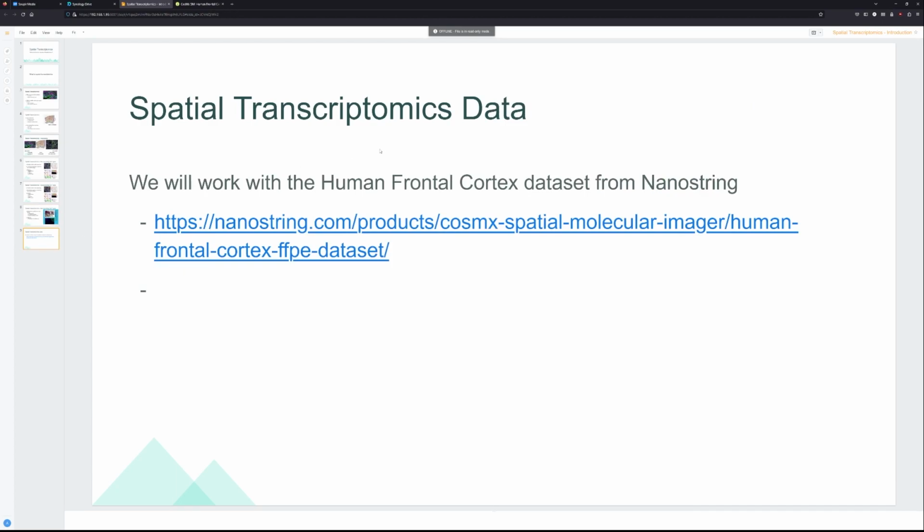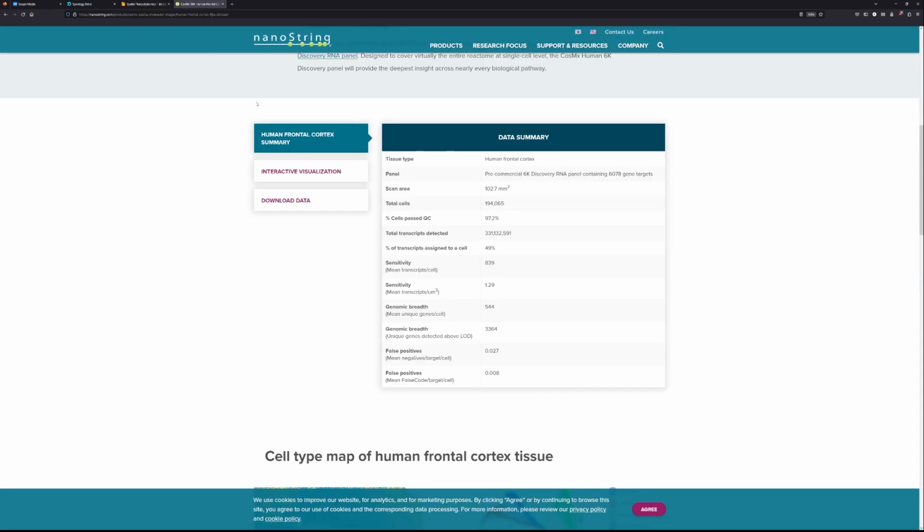If we go now to the sample data, what I think would be good for us to start working with is the human frontal cortex dataset from Nanostring, and this is going to be their CosMx SMI Spatial Molecular Imager. We can look at some of the information that they provide in the summary, and we'll be able to see all of this afterwards as well.